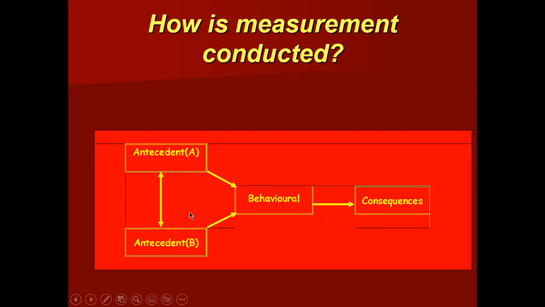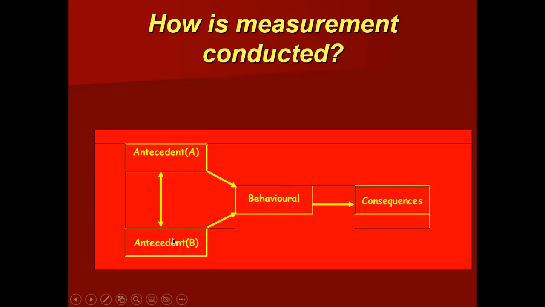Now we have a more complex framework here, where we have two antecedent constructs, parallel and connected with a behavioral outcome. So the two antecedents, A and B, are explanatory variables. They explain why this behavior is occurring.